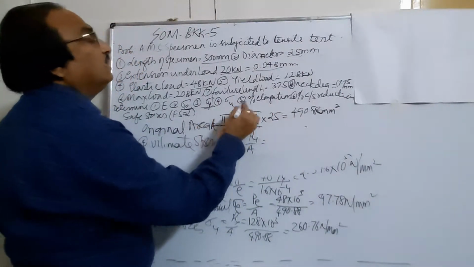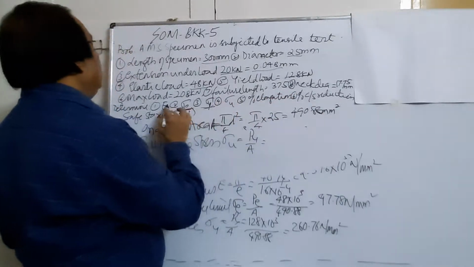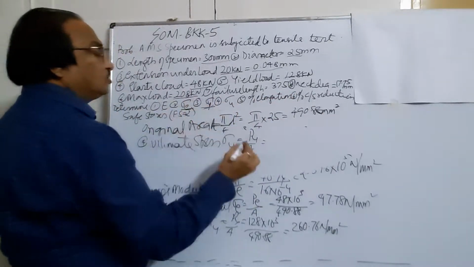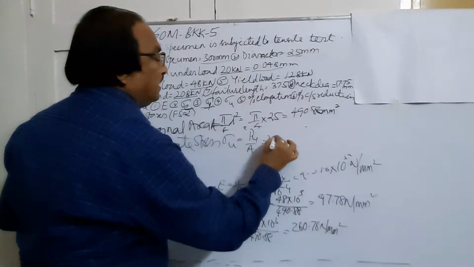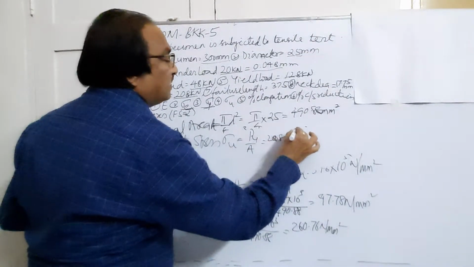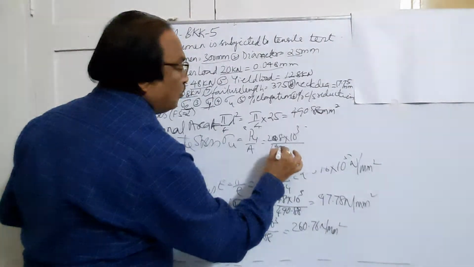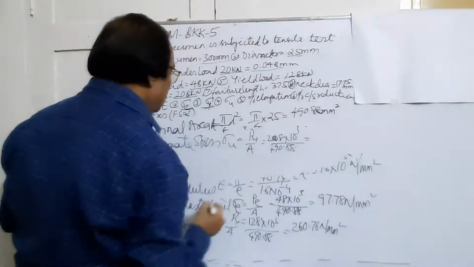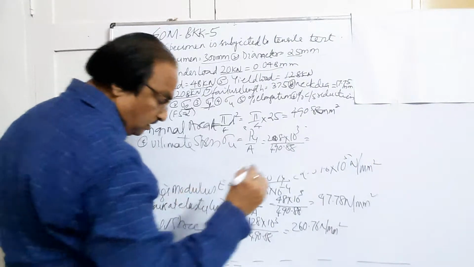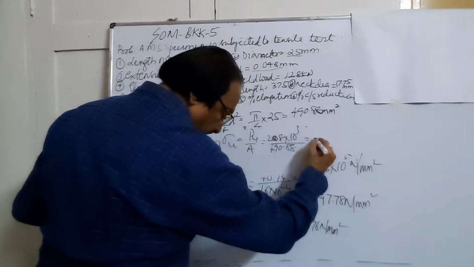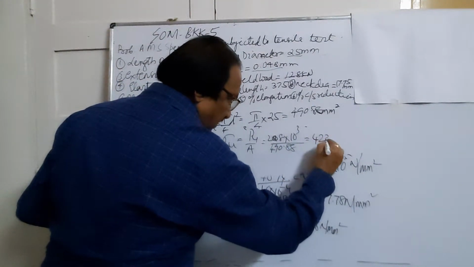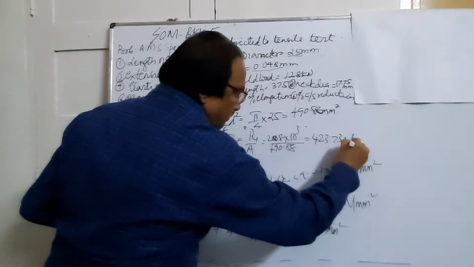The ultimate load he has given is the maximum load, so that is 208 into 10 to the power 3 divided by the area 490.88. So the ultimate stress will be equal to 423.73 newton per mm square.